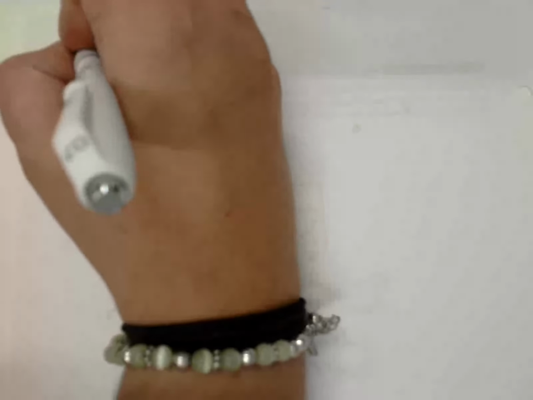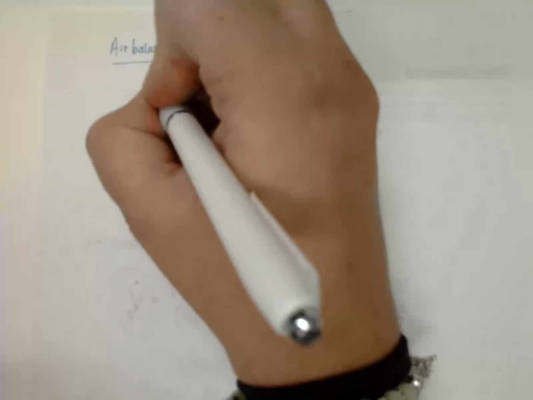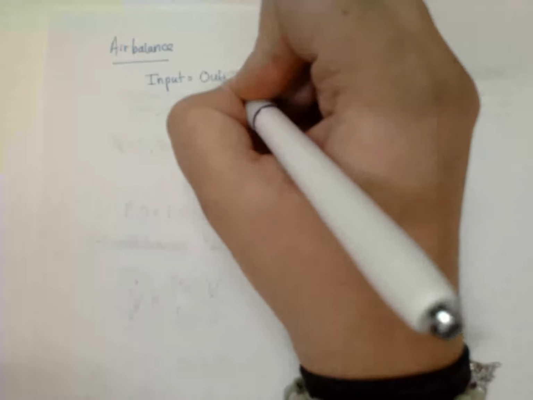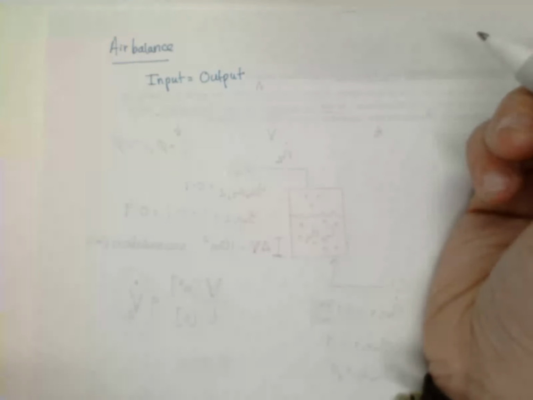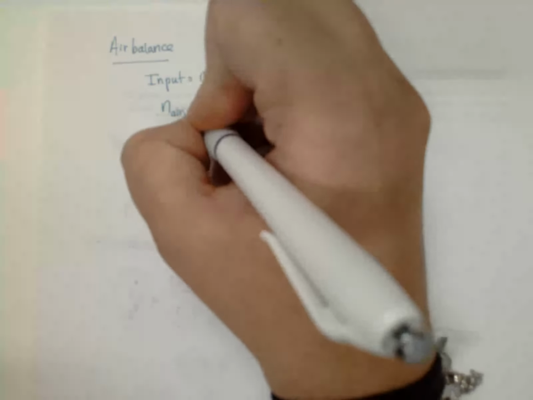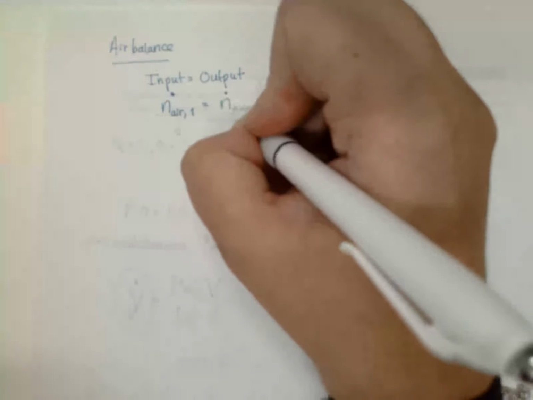So let's start, how about with an air balance? The air balance, if you remember, we said that in the air balance, the input equals the output. So what that means is that N dot air 1 equals N dot air 2.